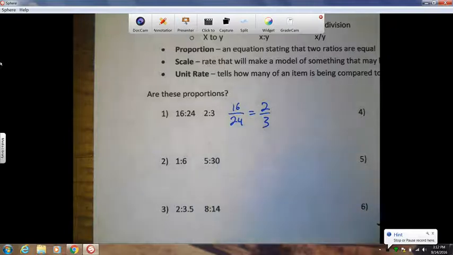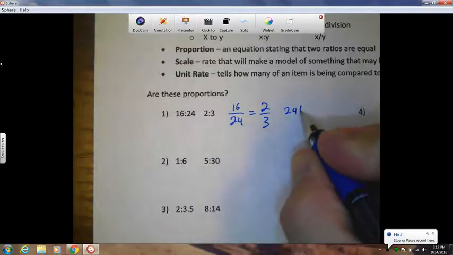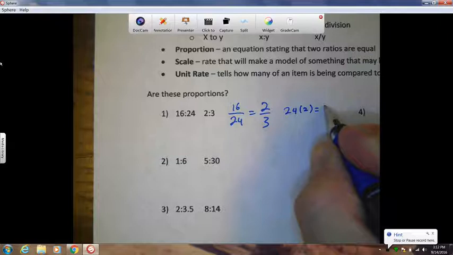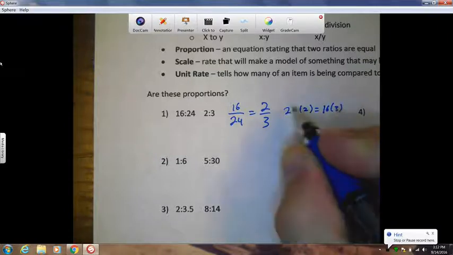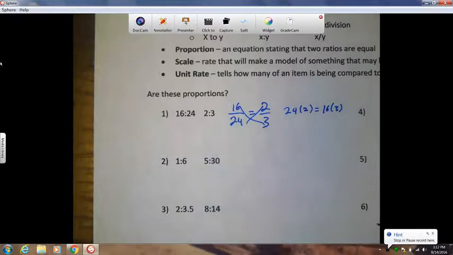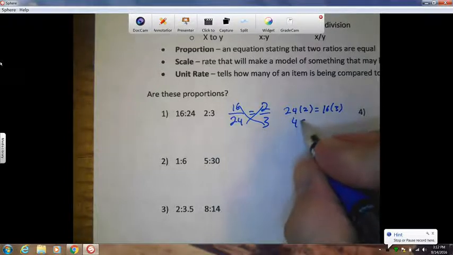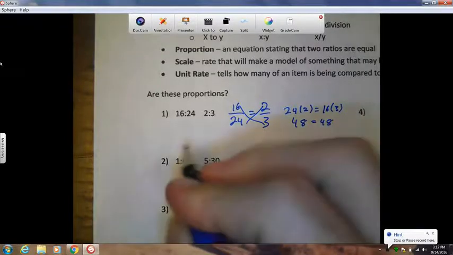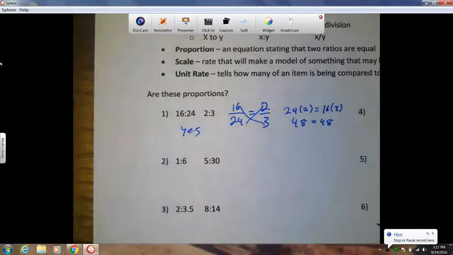So I need to know if 24 times 2 is equal to 16 times 3. If those are the same, then I have a proportion. So 48 and 48 are the same, so yes, I have a proportion.